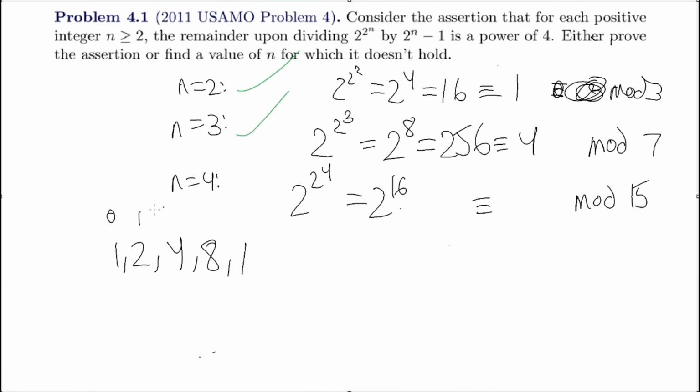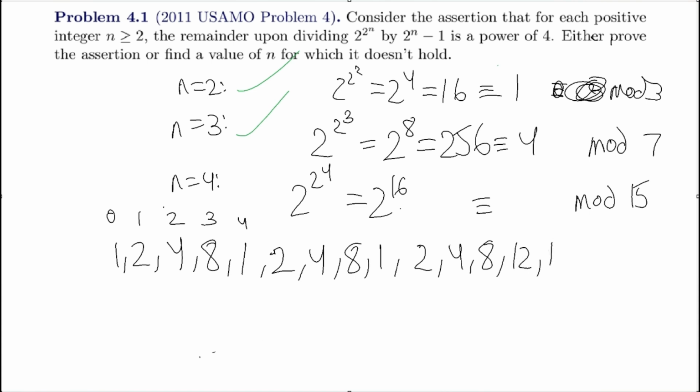So this is 0, 1, 2, 3, then this is going to be 4, 5, 6, 7, 8, 9, 10, 11, 12, 13, 14, 15, 16. So therefore, this is equivalent to 1 mod 15, which is again a perfect power of 4. So that means the assertion is true in this case.